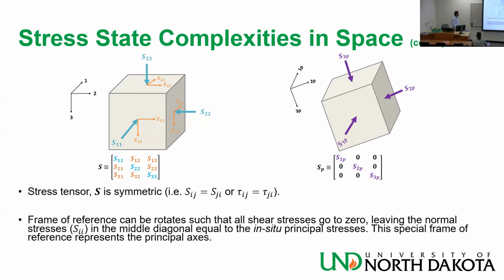I think you understand here that S1P is not the same as S11. They rotate. I know it's a difficult concept when you see it the first time. It will become easier. Like I promised, it's going to become harder before it becomes easier, but it will become easier.